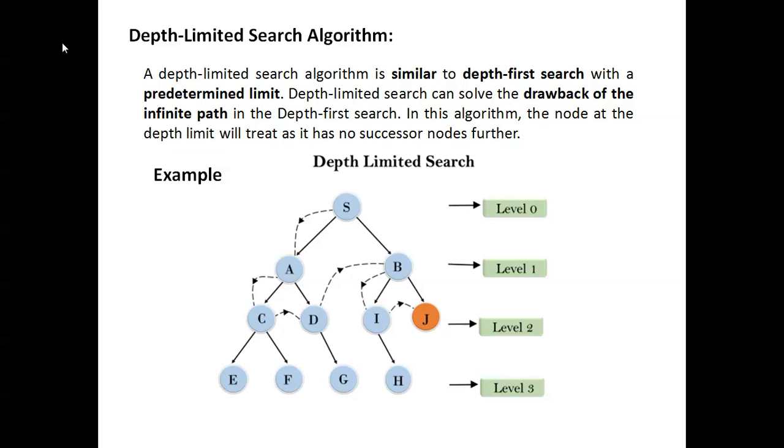For example, if we assume level 2 is the threshold point, it won't go more than that. It only searches up to level 2 to avoid getting locked in an infinite loop. Depth first search has the problem of locking in an infinite loop, so to avoid that we use the depth limited search algorithm.